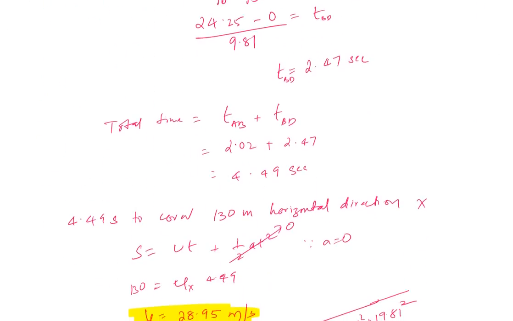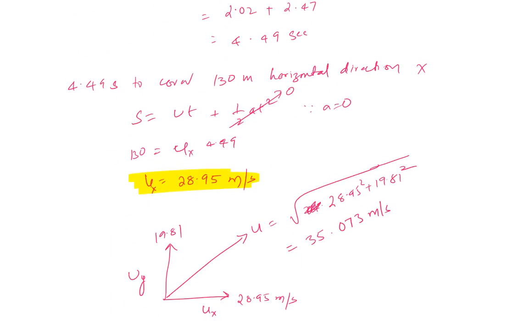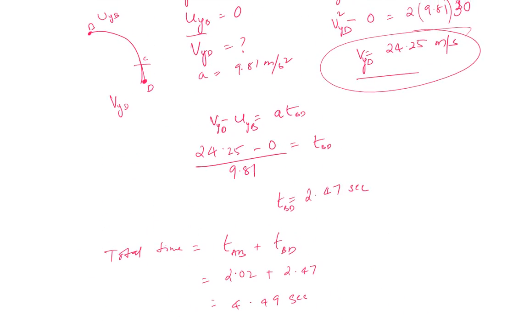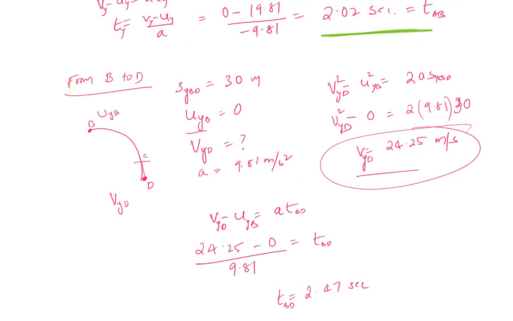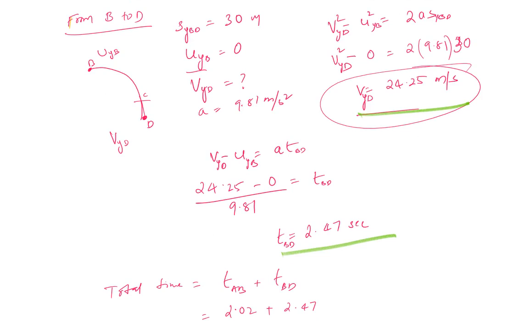Anyway, from B to D we calculate the final velocity. From the final velocity we calculate the time.